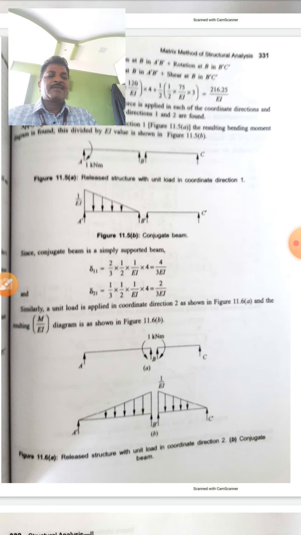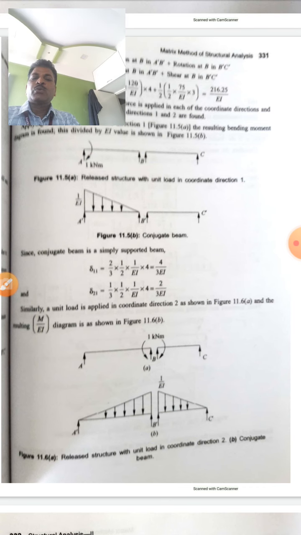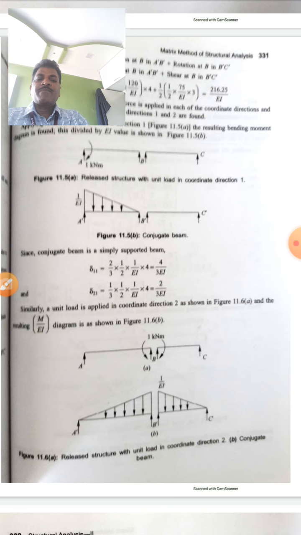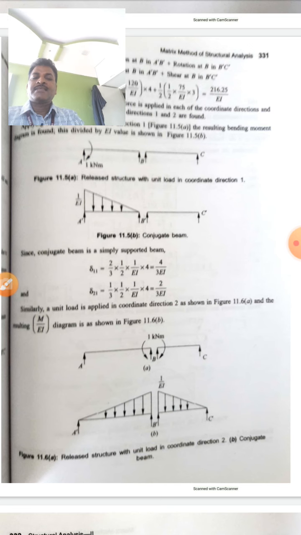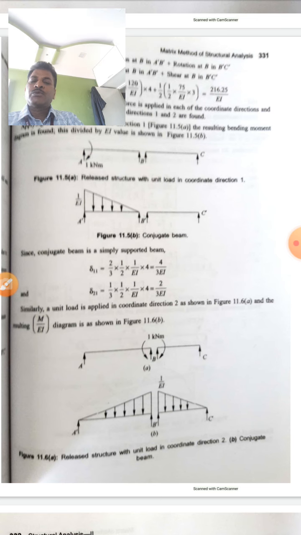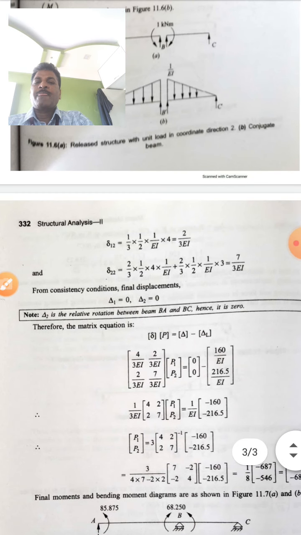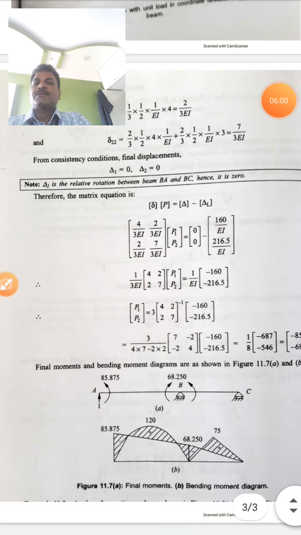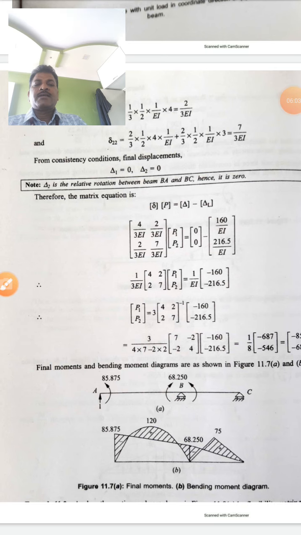So delta 12 is 1/3 into 1/2 into 1 upon EI into 4, equal to 2 upon 3EI. Similarly delta 22, the displacement at coordinate 2 due to the unit load at 2, is 2/3 into 1/2 into 4 into 1 upon EI plus 2/3 into 1/2 into 1 upon EI into 3, equal to 7 divided by 3EI.